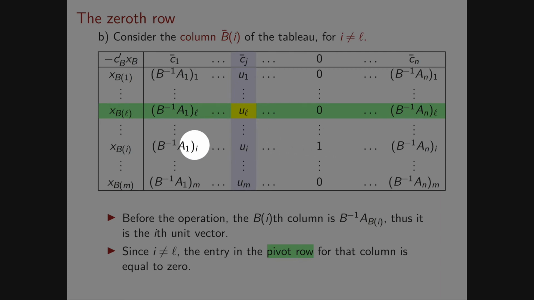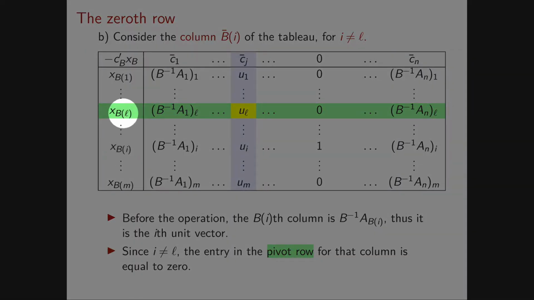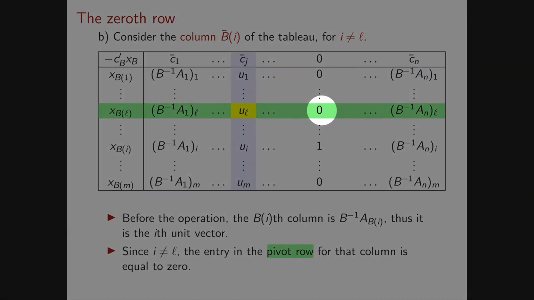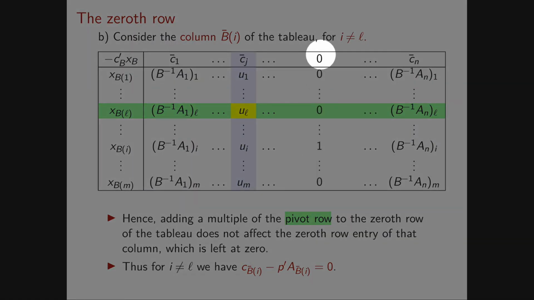Of course, the 1 appears in the row I. And everything I need to observe at this point is that the row I is different from the row L, just because we're assuming that I is different from L. Therefore, this one will be somewhere in this column, but not in the pivot row. And this implies that in the pivot row, the entry of this column will be 0. Now we've understood everything about our column B bar I.